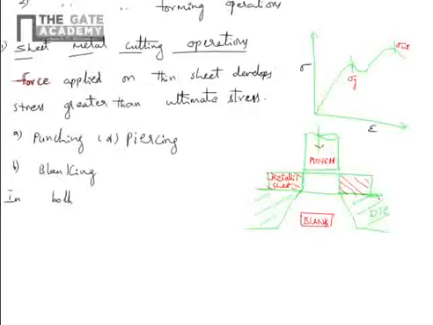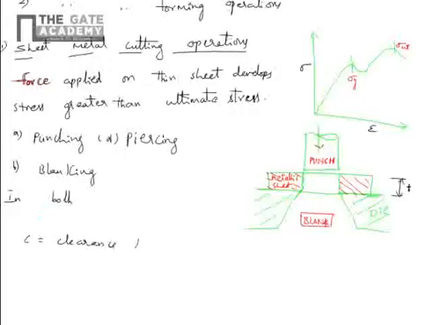Keep the sheet on a die where there is a hole. You apply a force by using the punch. The sheet thickness is much more than the clearance between the punch and die. There is a clearance C between the punch and die.